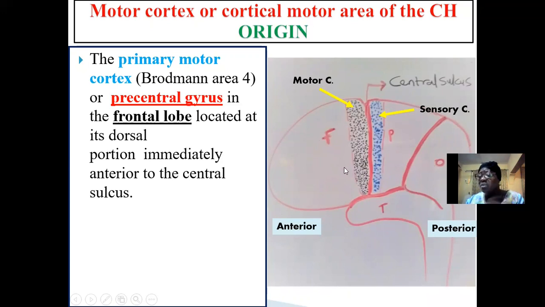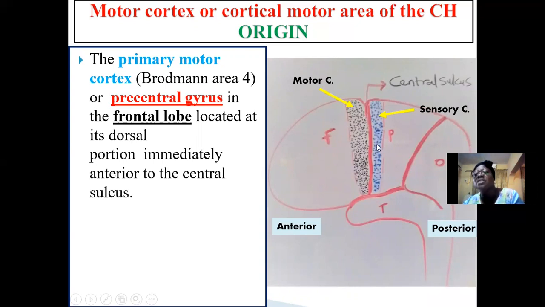Of course, if you go through our previous lecture on the general sensory pathway, we described that the sensory cortex is located behind the central sulcus. If we go through the pattern of the brain, we know we have elevation and depression, elevation and depression. The elevations are the gyri, while the depressions are the sulci. So we have the depression. After the depression, definitely we'll be having an elevation behind it.